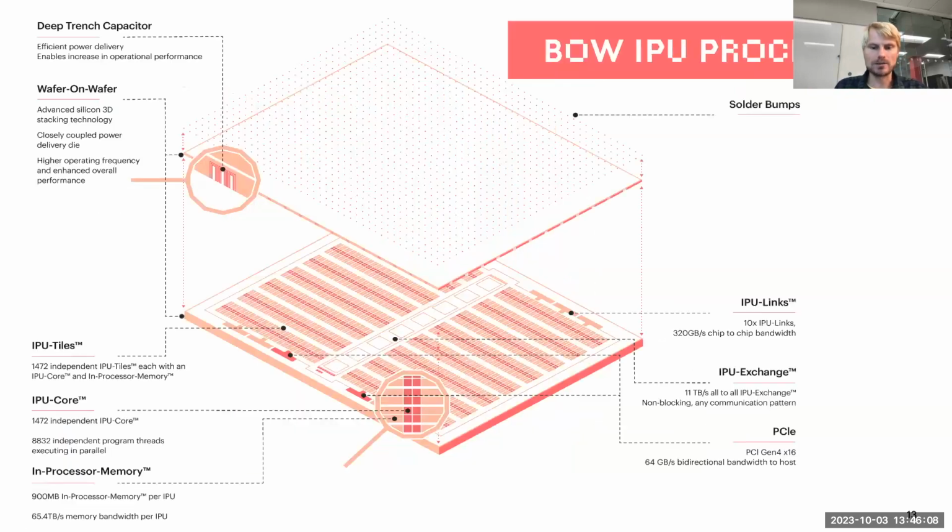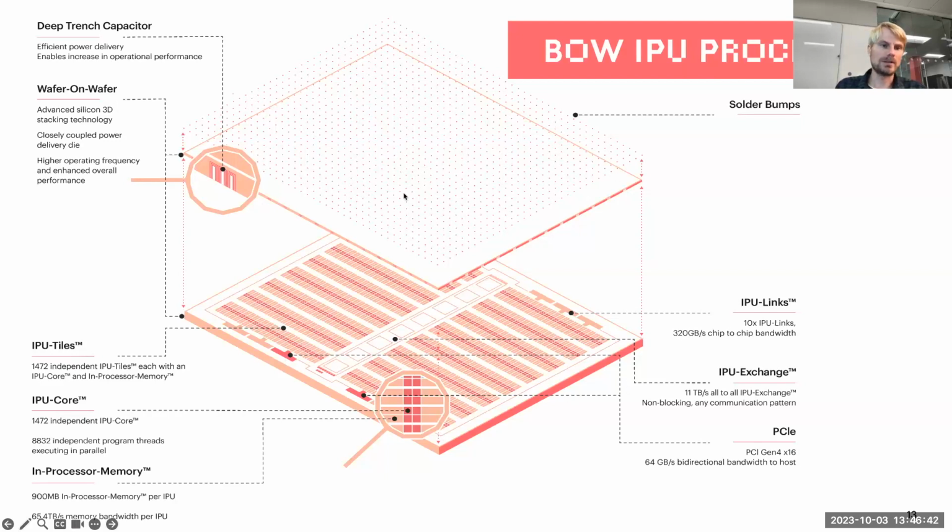A small detail in the generation that we have in the ACES Center of Texas A&M University. We have this Bow version of the IPU processor, and it employs the wafer-on-wafer technology, where we actually bond 2 wafers together, one being the power delivery wafer and the other being the logic die.